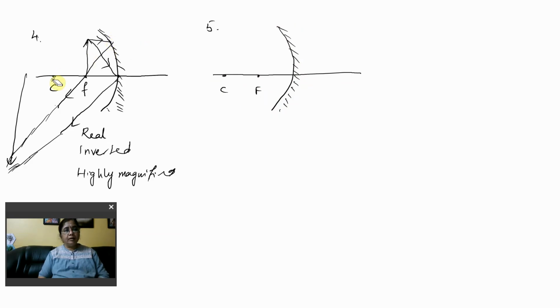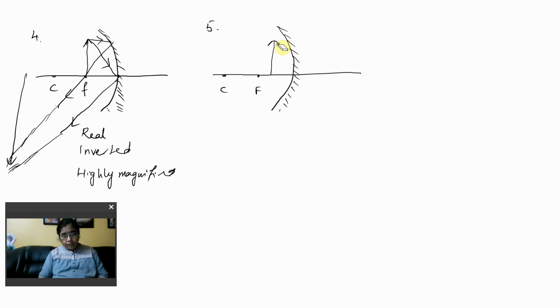So my object which was here, moved here, then it moved here, then it moved to focus. Now, where should it move? It should move somewhere here. This is my object. Not my image, this is my object.